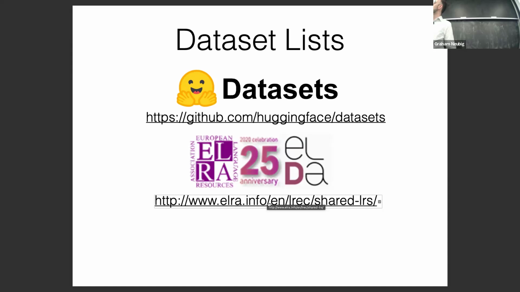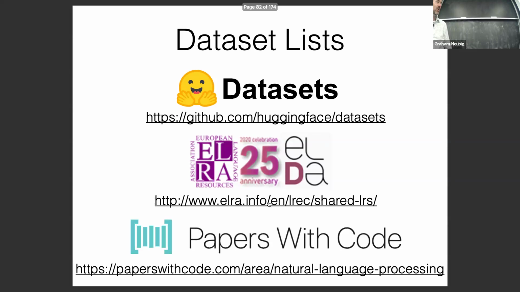At CMU, you have the ability to download things from LDC. So if you find an LDC data set in any papers that you're doing or online, you need to register for that. I'm the person who's in charge of it, so I'll give you access and then you can use it. There's also Papers with Code, which basically automatically extracts the names of data sets. So even some things that don't appear on Hugging Face will appear there.